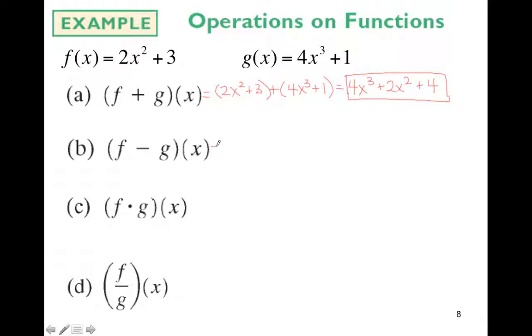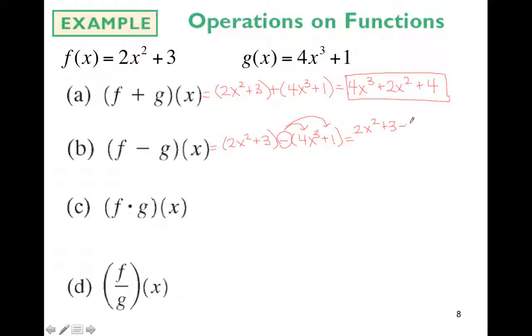Okay, f minus g of x. This says take the first function f, subtract from it the second function g. Here I am going to distribute this negative sign, so the parentheses do make a difference here. So this will be 2x squared plus 3.